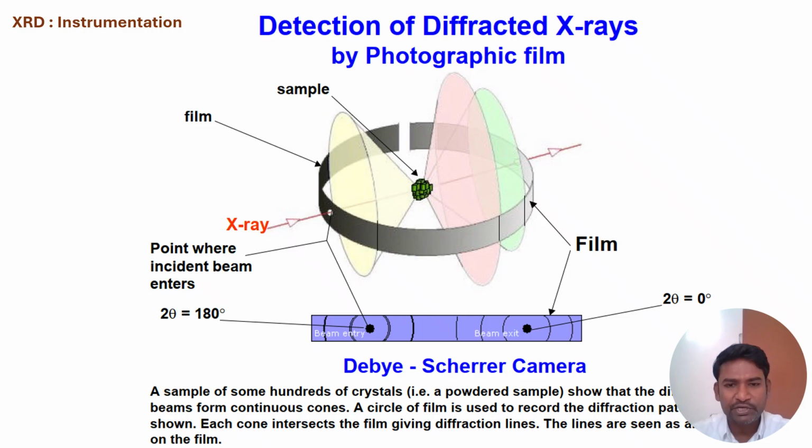A circle of film is used to record the diffraction pattern, as shown in this image. Each cone, very important, each cone, say for example 1, 2, 3, intersects the film, giving a diffraction line. That's it. So this is how the diffraction angle is measured. This is the beam of entry and this is the beam of exit.